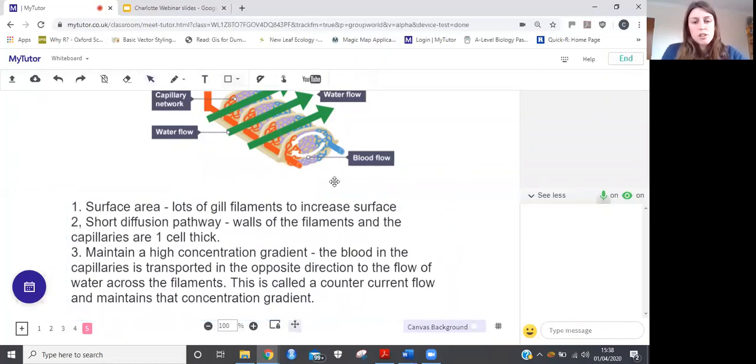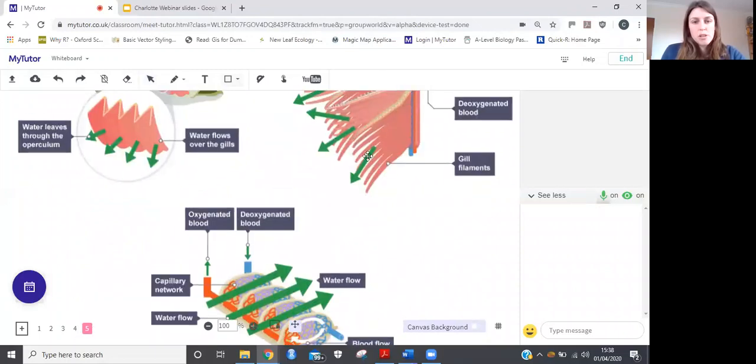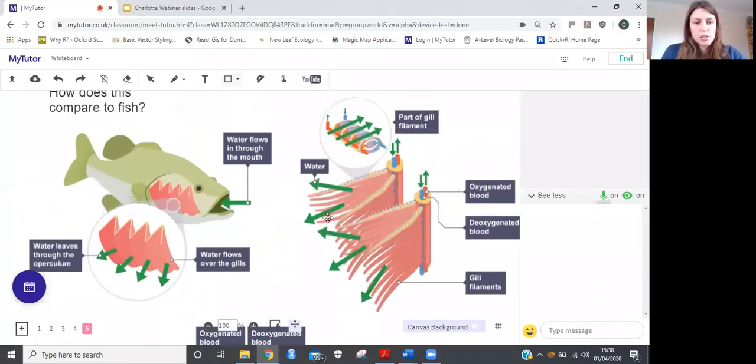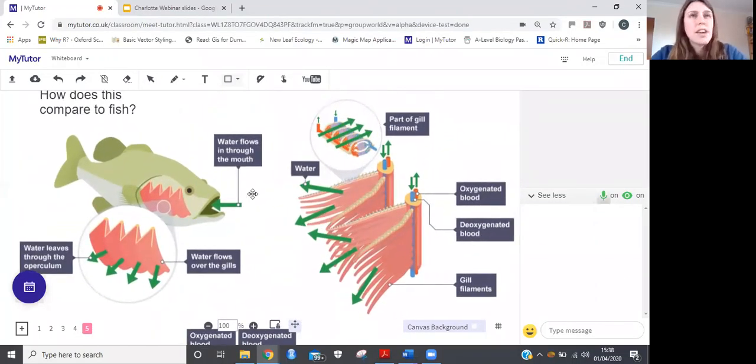Now, fish are quite extraordinary. Let's move up a little bit more so we can get a look at those gills again. They have to work much harder than us to get the same amount of oxygen out of water as we do from air, because in general, water doesn't contain as much oxygen.